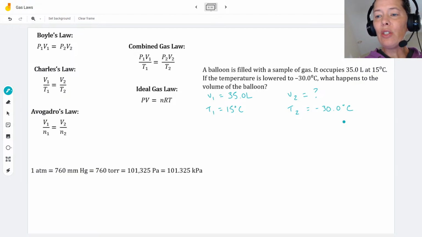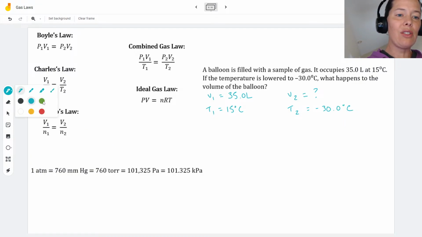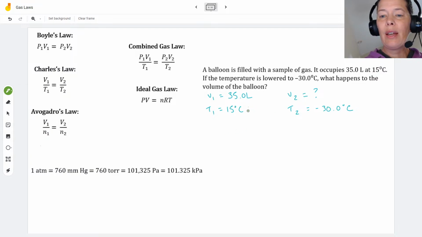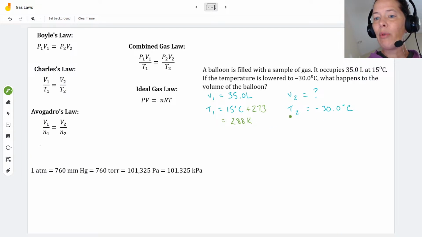So if I add 273 to T1, my T1 ends up being 288 Kelvin. And I'm going to do the same thing to T2, adding 273, and so my T2 is 243 Kelvin.